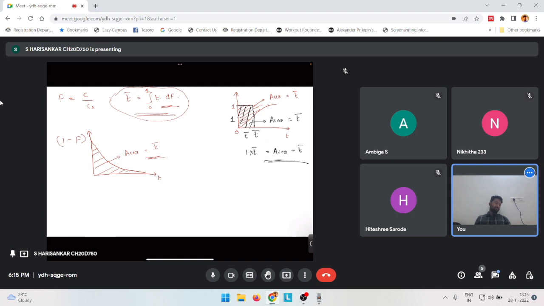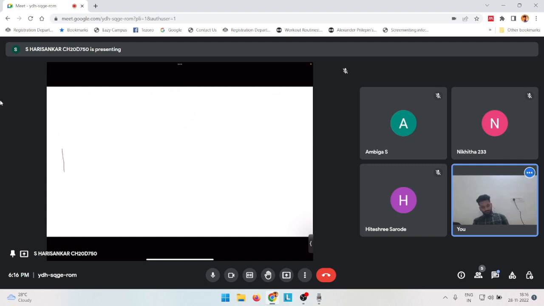So, what is the relationship between your E curve and F curve? Let's say you have an E curve, and again you have an F curve like this. Both these E curves and F curves represent the fraction of material that is leaving the reactor at a given time, right? So let's say we are trying to find the fraction of material leaving the reactor at, let's say, time t1.